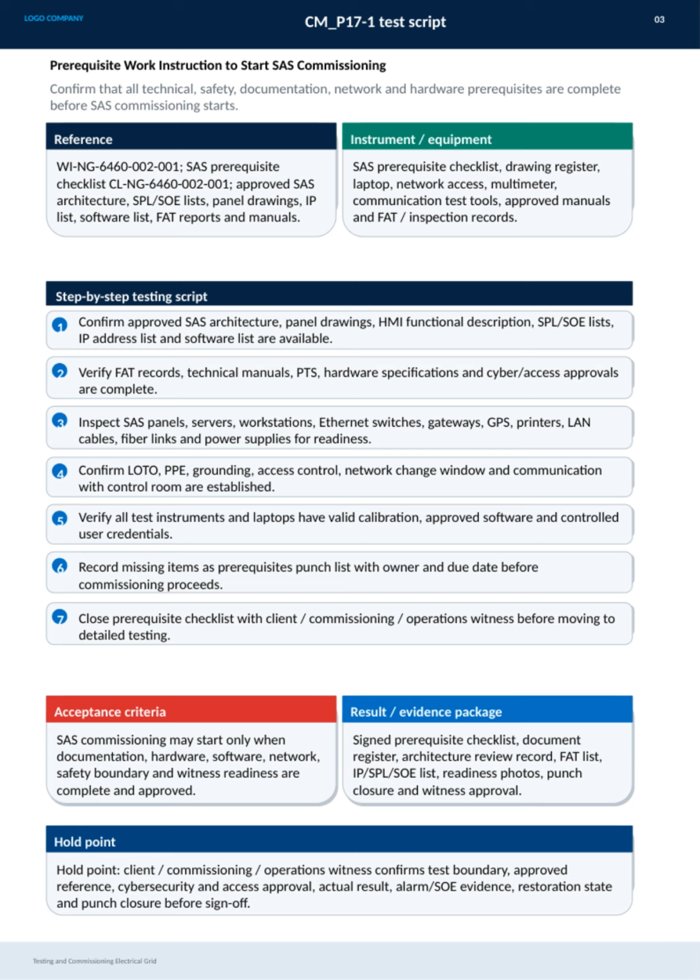We document completion with signed checklists, documentation registers, readiness photos, and witness approvals. Finally, there is a hold point where witnesses confirm test boundaries, cybersecurity and access approvals, actual test results, alarm evidence, restoration status, and punch closure before sign-off, ensuring everything is verified and ready for the next phase.